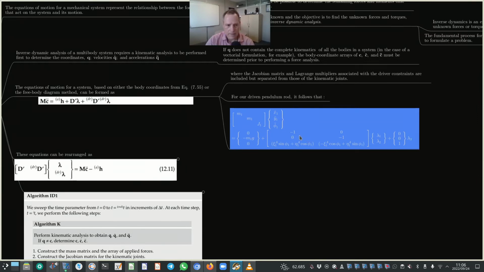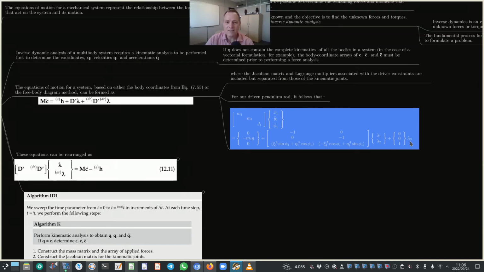What we have here is the transpose of the Jacobian matrix of the kinematic position constraint equations, multiplied by the two Lagrange multipliers, plus the transpose of the Jacobian of the single driver constraint, multiplied by the single driver Lagrange multiplier.